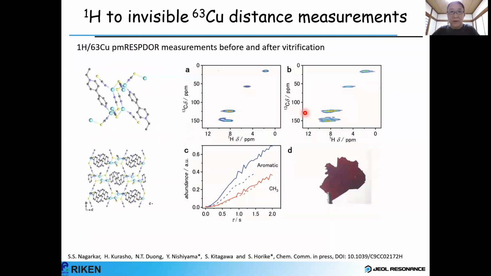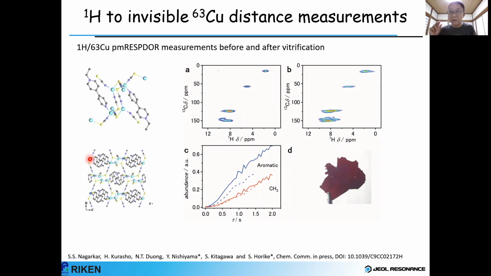Then here is another example. Nitrogen-14 is an exciting nucleus, but there is a lot of something else. Here is one example of distance measurement between the proton and potassium. Potassium is also an attractive nucleus for materials science. We tried to measure the distance between these two. Then we have a very interesting material. This is one of the MOF samples, but we can also design or develop a glassy MOF.